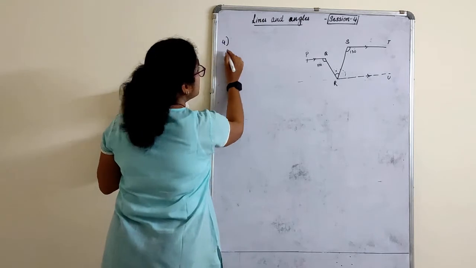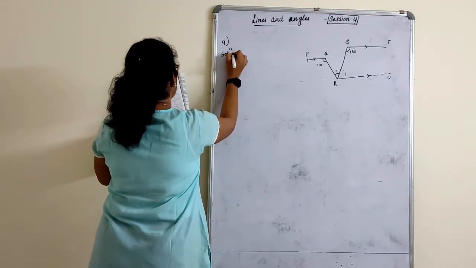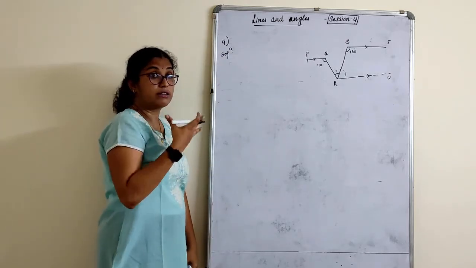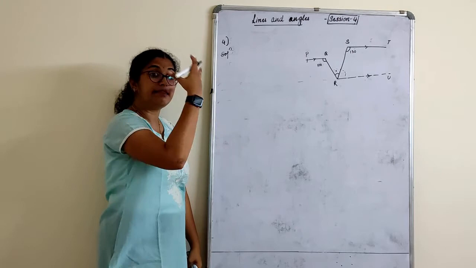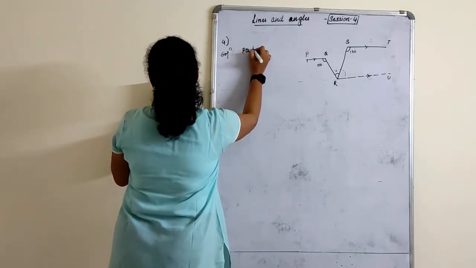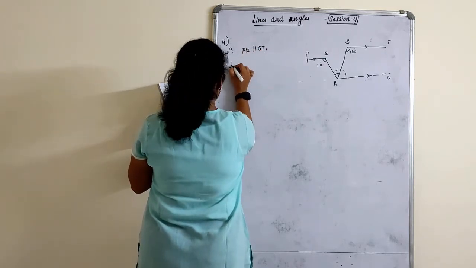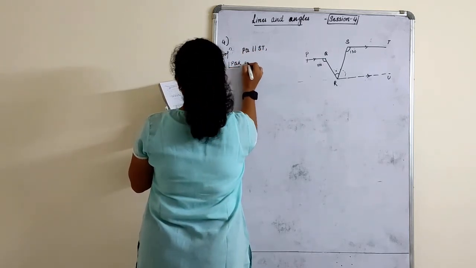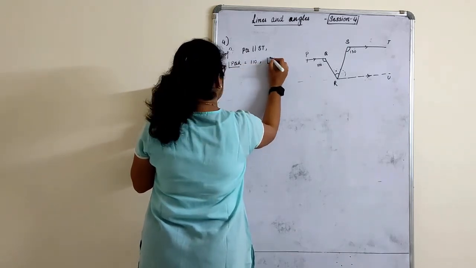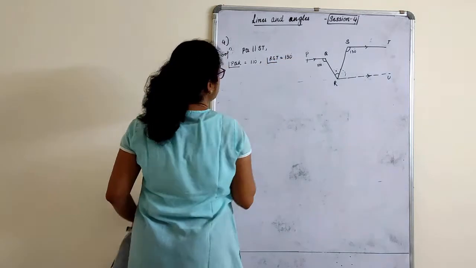Let's start. Let's write the given part here. Solution. You need to first understand the given figure. See what is given, how you can find it, and then start with the sum. PQ parallel to ST. Angle PQR is equal to 110 marked, and angle RST is equal to 130 marked.